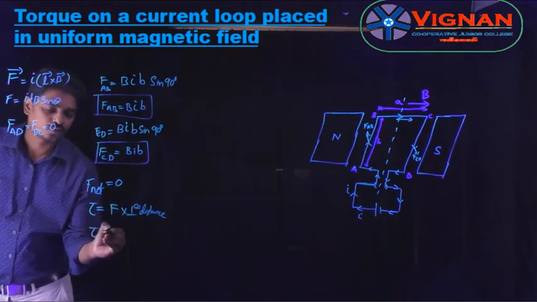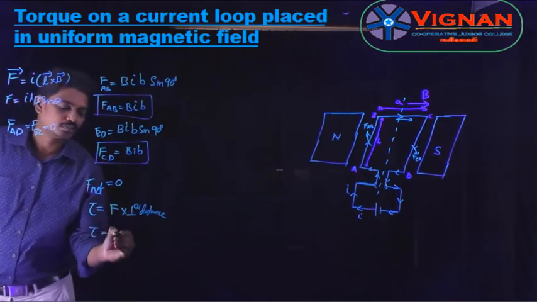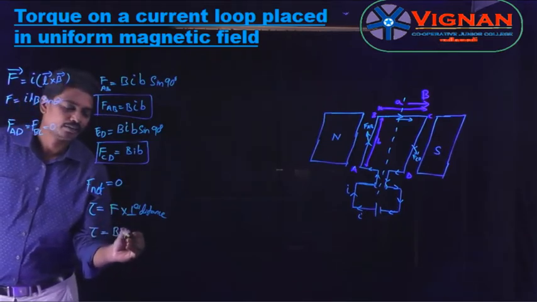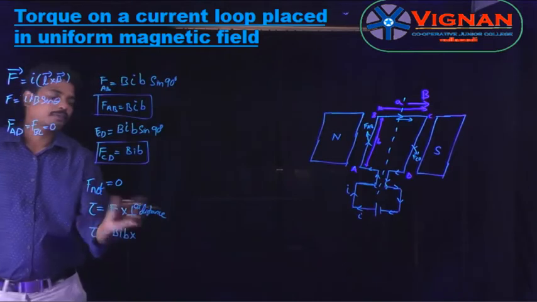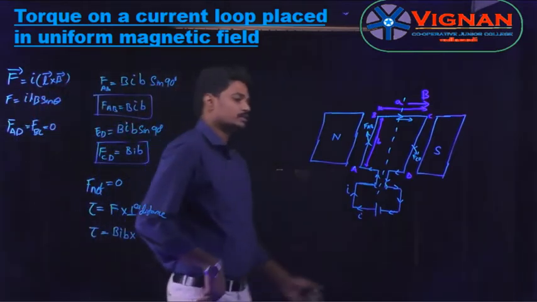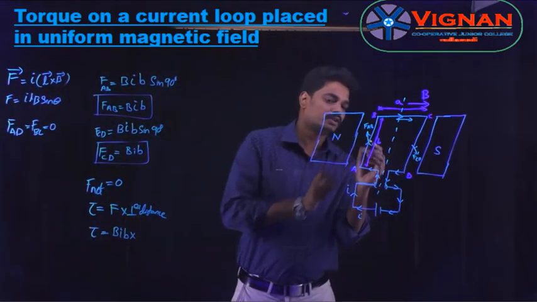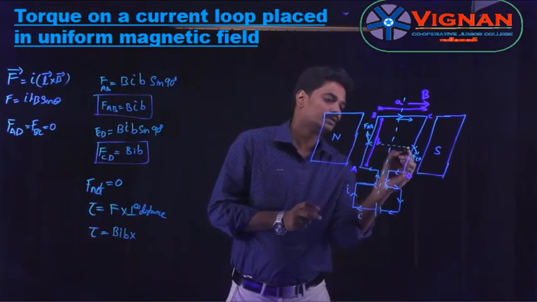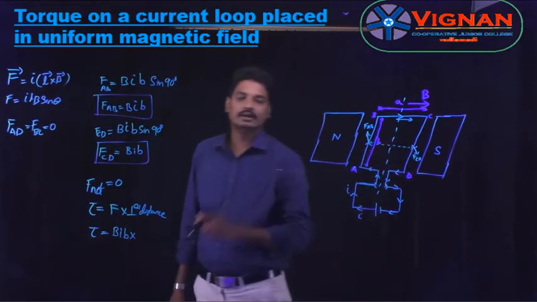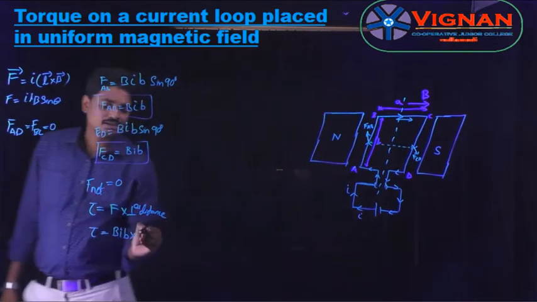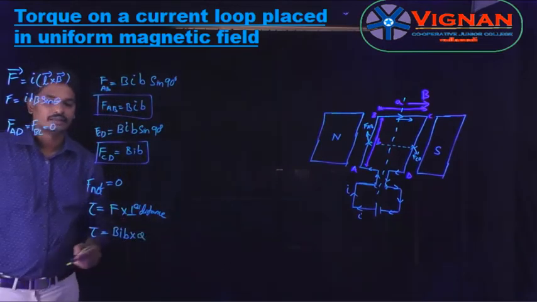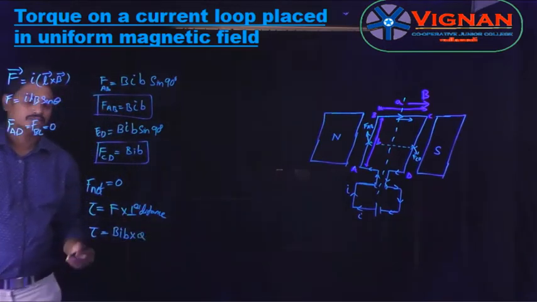Therefore, torque tau is equal to BIb into the perpendicular distance, which is nothing but the length of the rectangular coil, that is a.